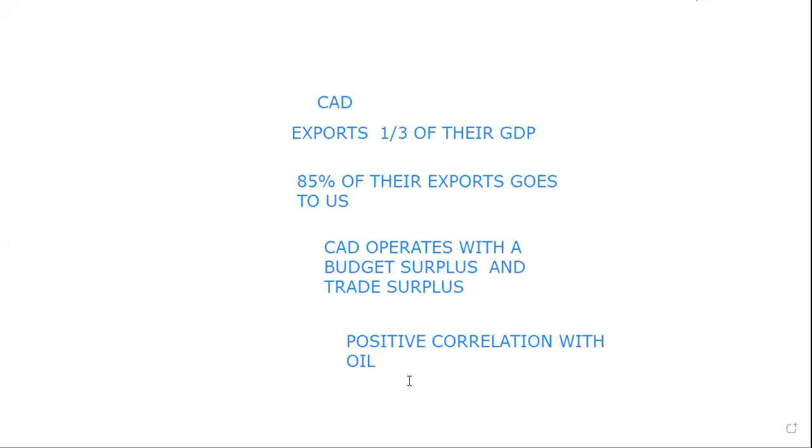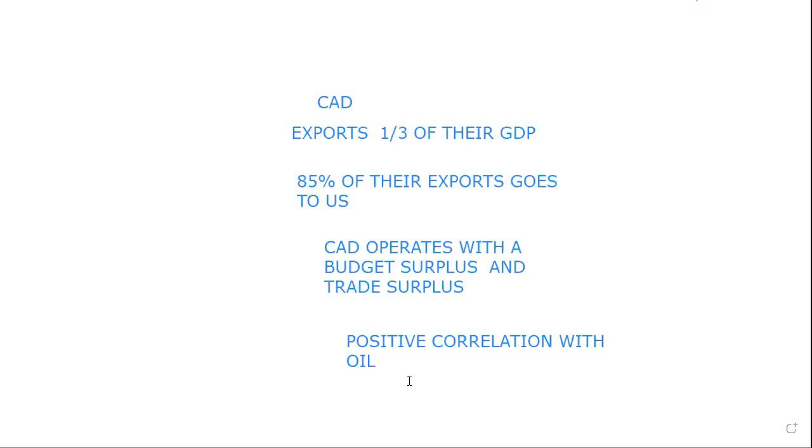So one of the things you can check is the price of oil. Is oil increasing? If oil is increasing, then I can buy the Canadian dollar because it will positively affect it. But if oil is depreciating in price, the Canadian dollar will also be depreciating in price. So they positively correlate.